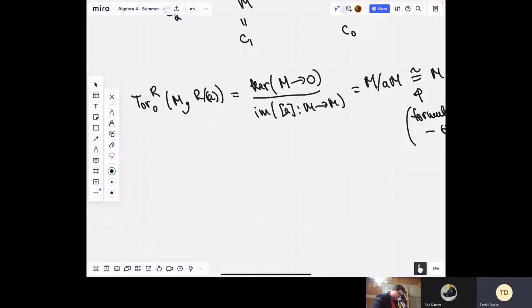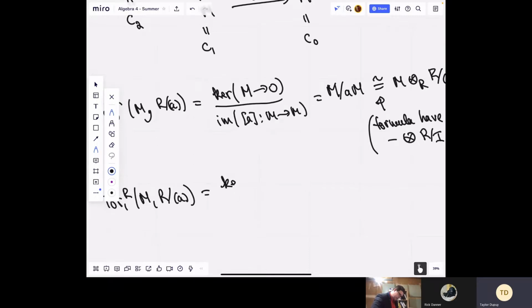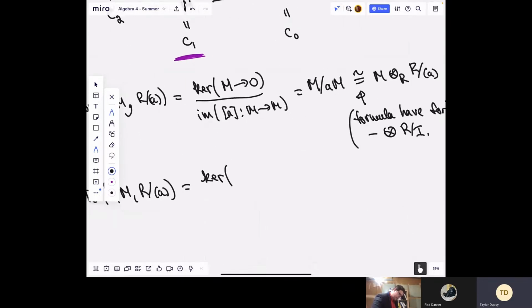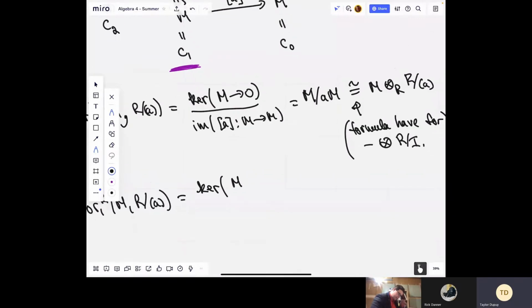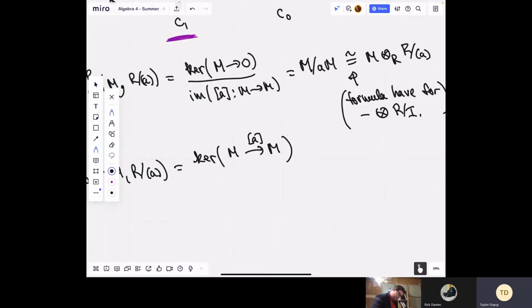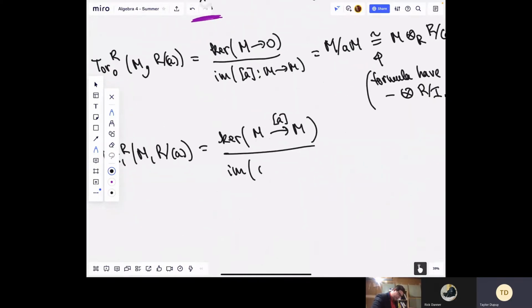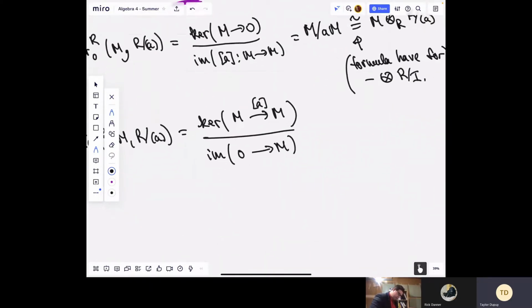Okay, so let's do Tor 1 of M, R mod A. Okay, so this is the kernel of, now we're in degree 1, which is this right here. So this is M here, maps to M, and it's multiplication by A. And then the image of this map here is 0, the image of 0 into M. All right, and so what is this?